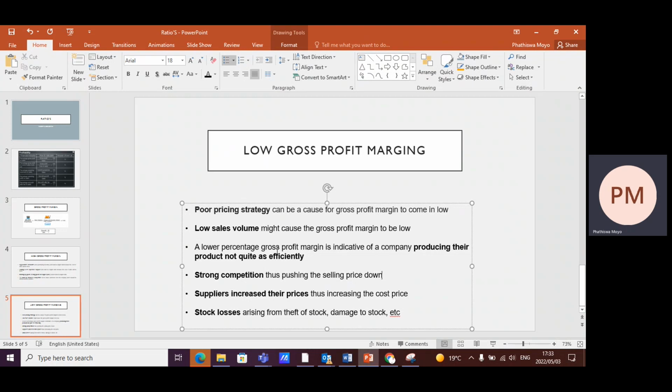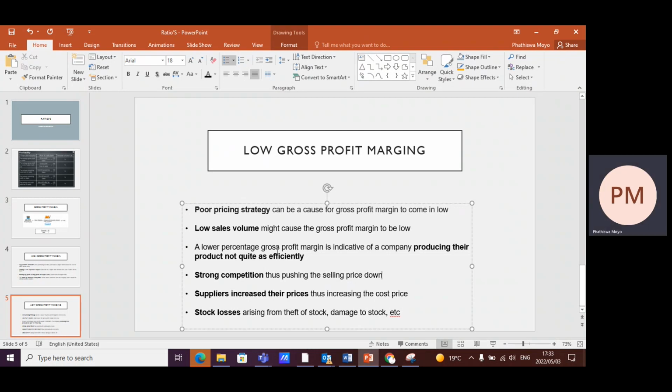So sometimes it could be a reflection of that. Strong competition. For example, once there's an influx in the market, once there's market saturation, you can't charge as much as you want. The competition will push the price down, especially the companies that are supplying information technology gadgets. They usually suffer a lot from this.